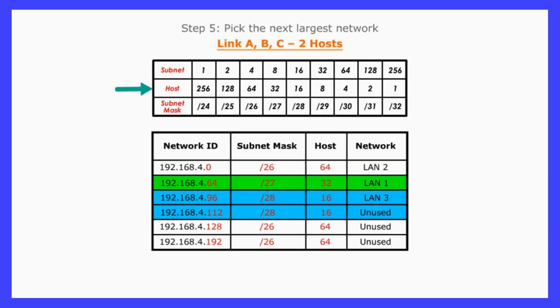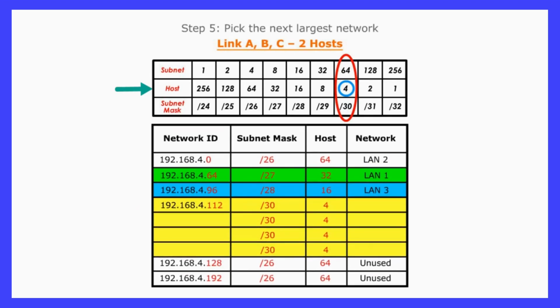We believe the number 4 is what we are looking for. We circle 4 and the whole column. We can see the new subnet mask is /30. We choose the unused subnet 192.168.4.112/28 to further divide it into 4 smaller subnets. Why 4 smaller subnets? I leave this question to you.